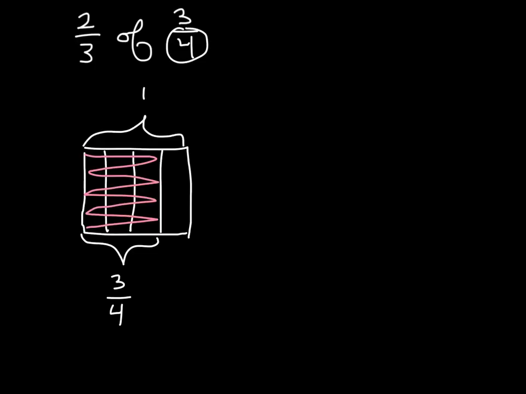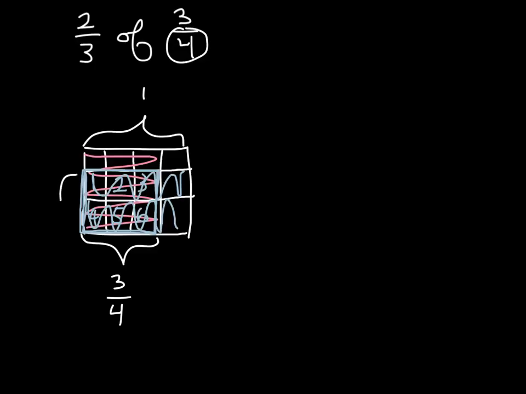So now, if I do it the old-fashioned way, I'm going to divide this into thirds, and I am going to highlight 2/3, and I can see that the part of my rectangular fraction model that's covered by 2/3 of 3/4 is these 1, 2, 3, 4, 5, 6 units.